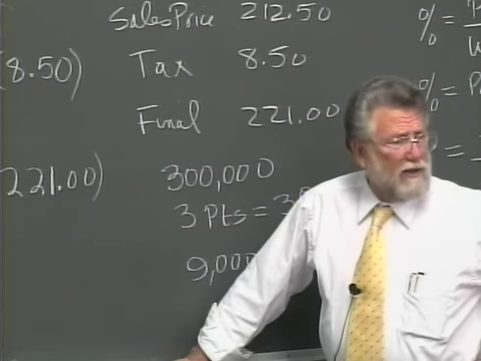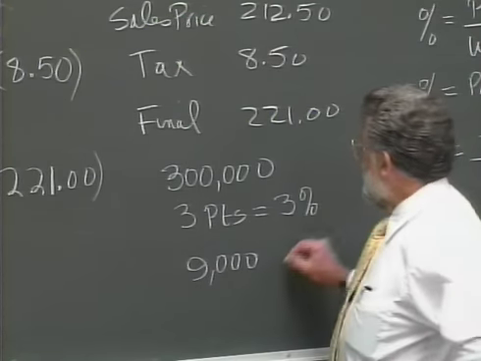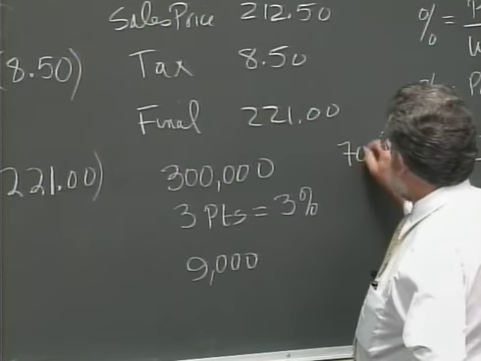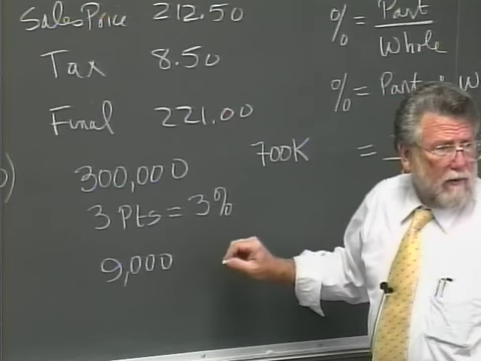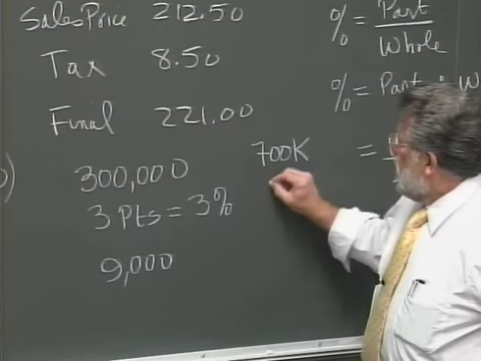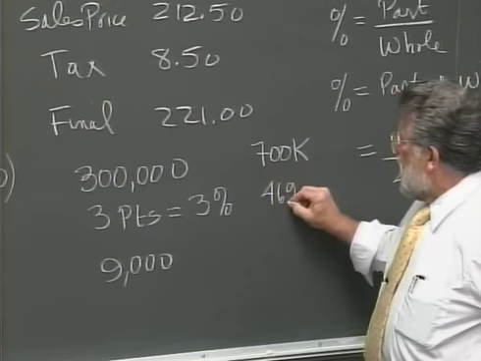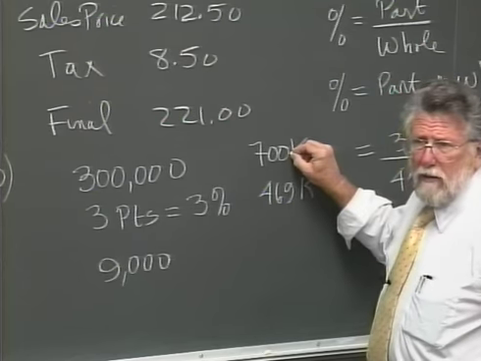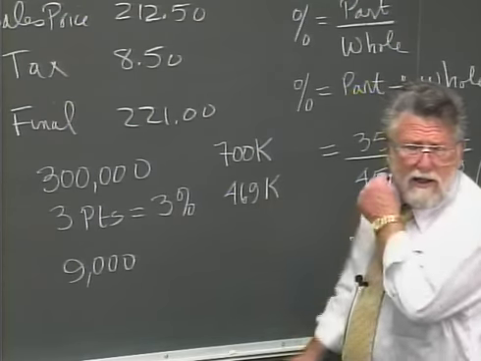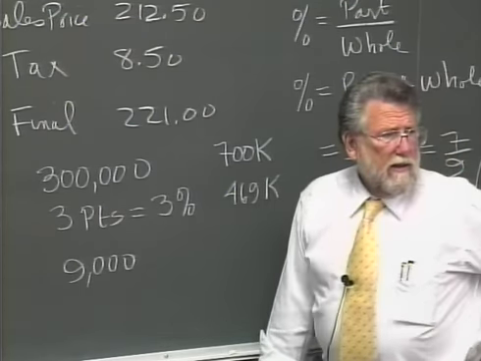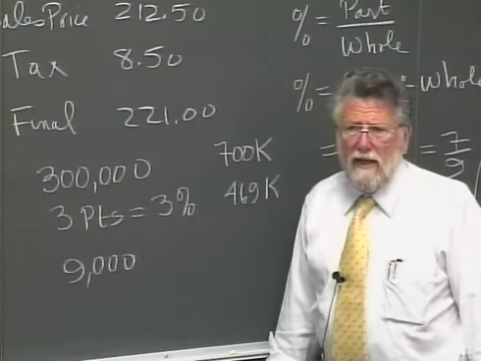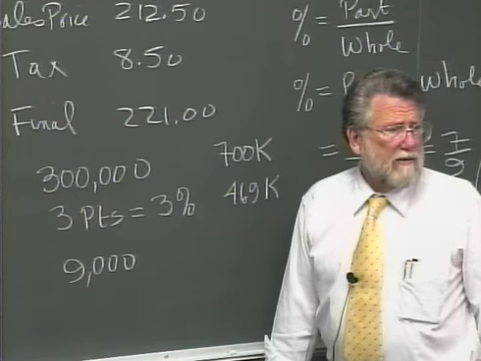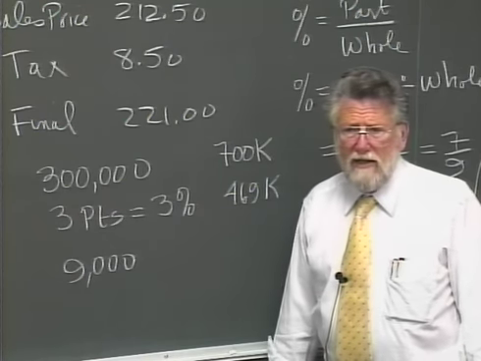Okay, well, let's look at that problem. A 700,000 home, so 700K since I'm short of space. And you're saying they're selling for $469,000. So this is the original price. Let's guess that they're about 700,000, and they have them listed at about 469,000.